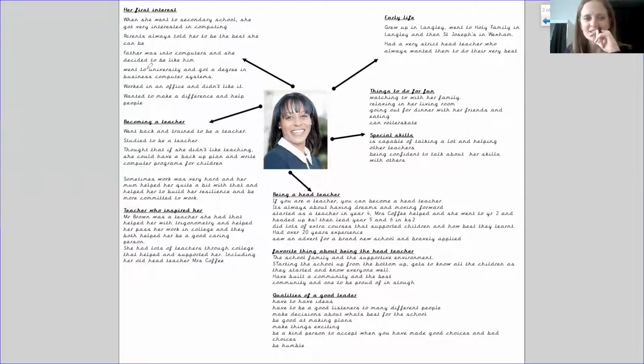I've got becoming a teacher. I've got teachers or a teacher that inspired her. I've written a bit about being a head teacher. What's her favorite thing about being a head teacher? What does she think the qualities of a good leader are? I've also got things that Mrs. Bowen does for fun and any special skills that she has.